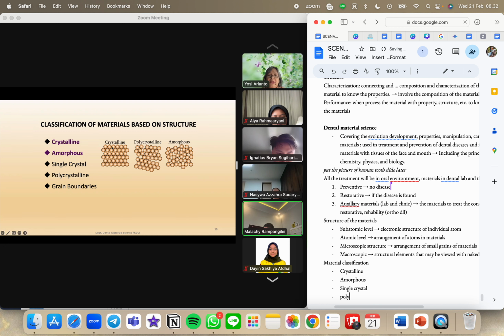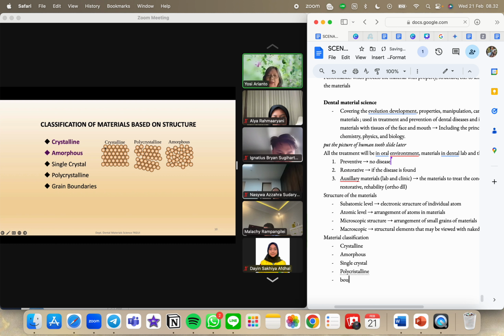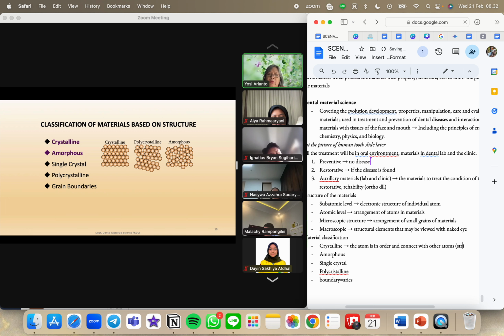Crystalline means the arrangement is very much in order, like this. Each of these atoms connects with other atoms, so they are very close in contact and have very strong bonds between the atoms.